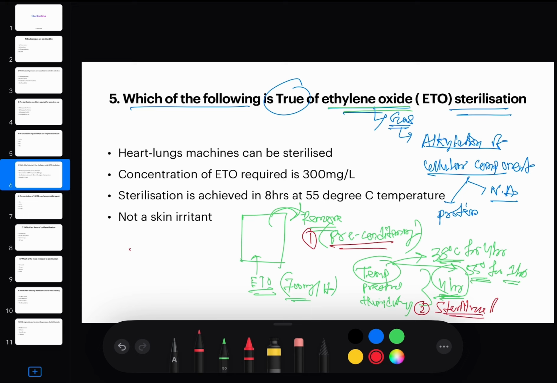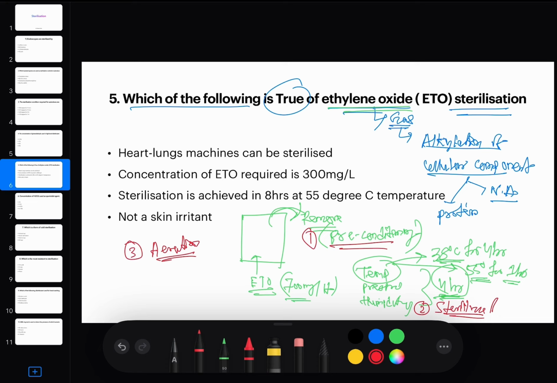Then comes the third step: after the sterilization phase is over, there is another phase of aeration. Why aeration? It means removing the residual ETO by adding air.